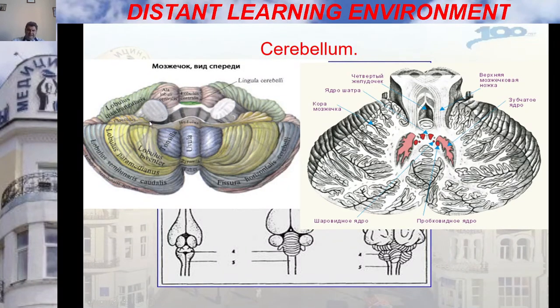So you may see cerebellar peduncles here. This small part is the superior, the great part is the middle cerebellar peduncles, and the posterior cerebellar peduncles.